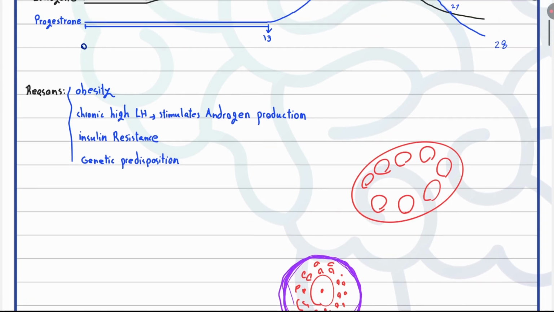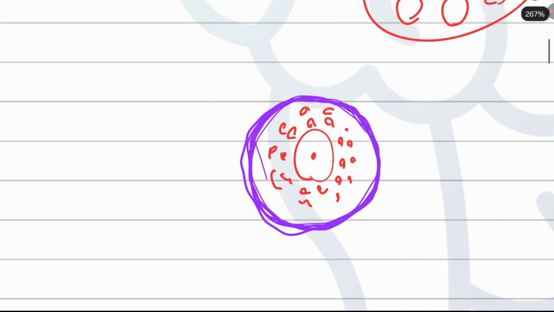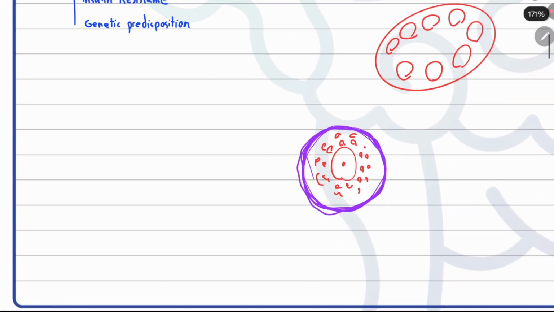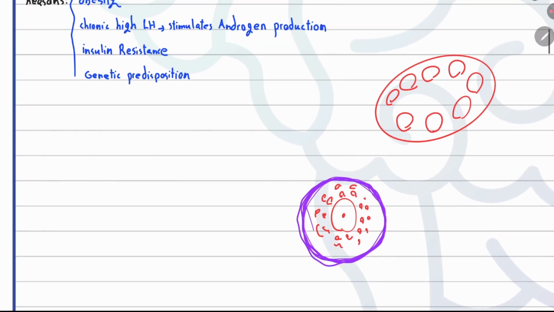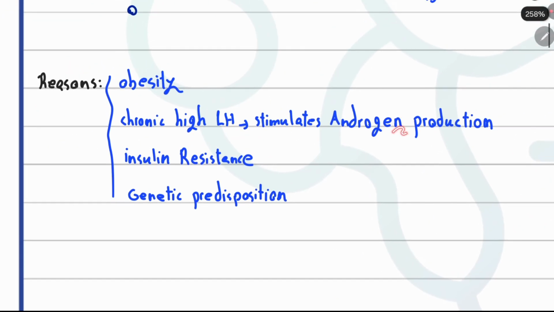Another reason that a high concentration of luteinizing hormone can cause PCOS is that LH stimulates theca cells. What are theca cells? In fact, imagine that this is a follicle. Around it, we can see some kind of cells known as theca cells, which I drew in purple. And these cells start to produce hormones known as androgens.